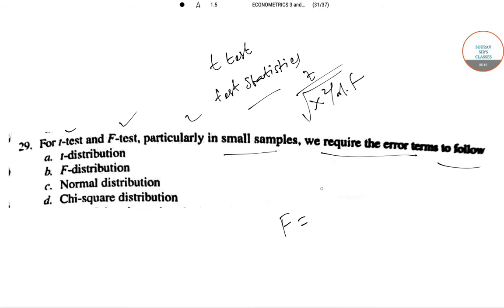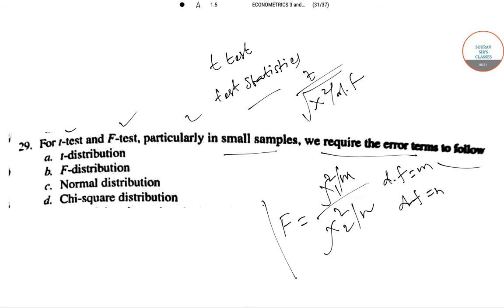Whereas for the f-test, it is the chi-square distribution with degrees of freedom. Suppose the degrees of freedom for the first chi-square distribution is m and the second is n. So it is just a ratio of two chi-square distributions, and it is known as the f statistic. So for this test in small samples, we require the error term to follow the normal distribution.